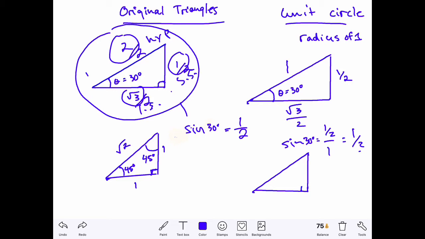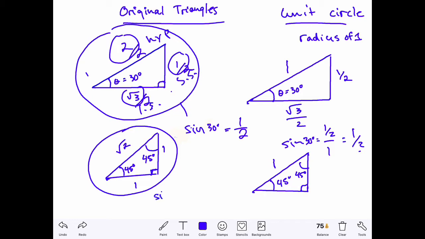With the 45, 45, 90, our original triangle goes to a radius of 1, and notice the ratio was the same, as for sine of 30.